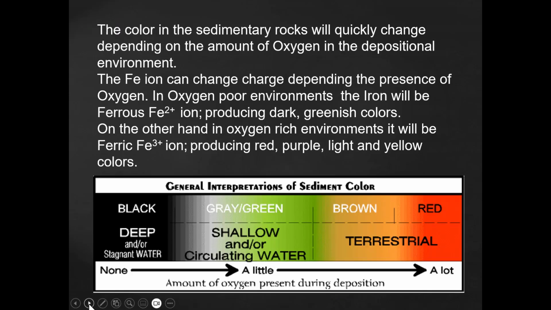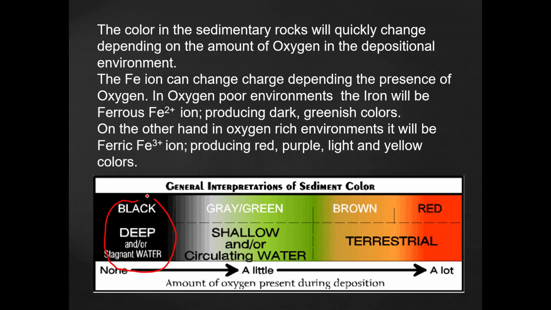So this here is a slide showing you a picture, which is basically the relationship between the rock color and the depositional environment. When your rocks are really dark, deep black colors, they normally form in a deep ocean environment, deep water environment, or it could also be in the coastal swamp.